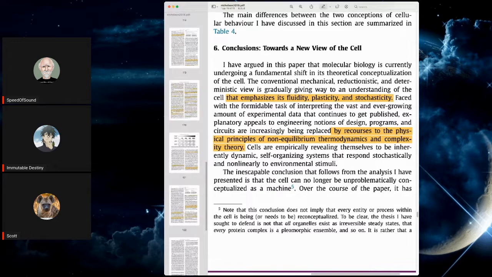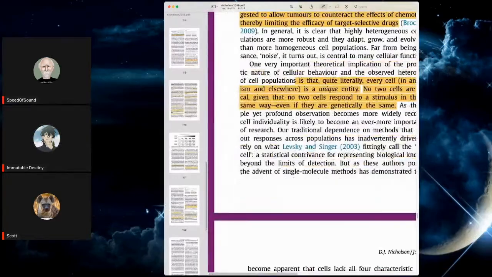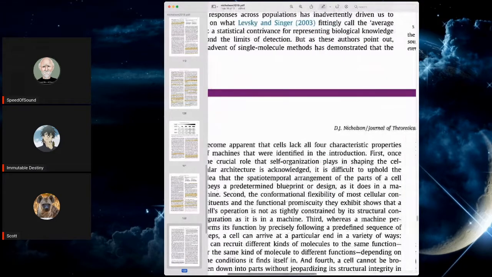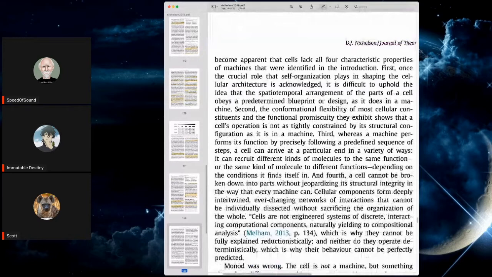Here we go. The inescapable conclusion that follows from the analysis I presented is that the cell can no longer be unproblematically conceptualized as a machine. Over the course of the paper, it has become apparent that cells lack all four characteristic properties of machines that are identified in the introduction.